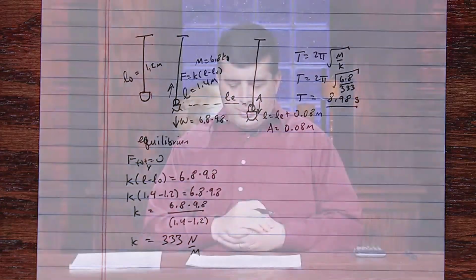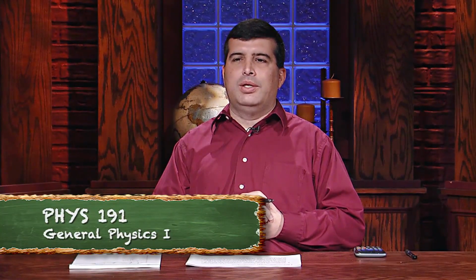The second question is, what is the maximum acceleration of the baby? Well, the maximum acceleration of the baby occurs when the baby is first let go, or any time that the elastic cord is at its maximum stretch. And that would be 8 centimeters beyond the equilibrium length.